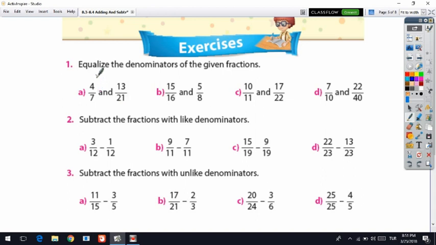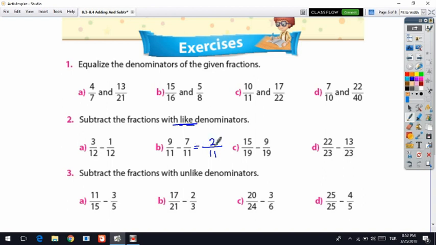After that, it becomes a new fraction, and it will be with the old one, like denominators. Subtracting fractions with like denominators is easy. You just keep the denominator the same, 11, and you subtract the numerators. 9 minus 7 is equal to 2.